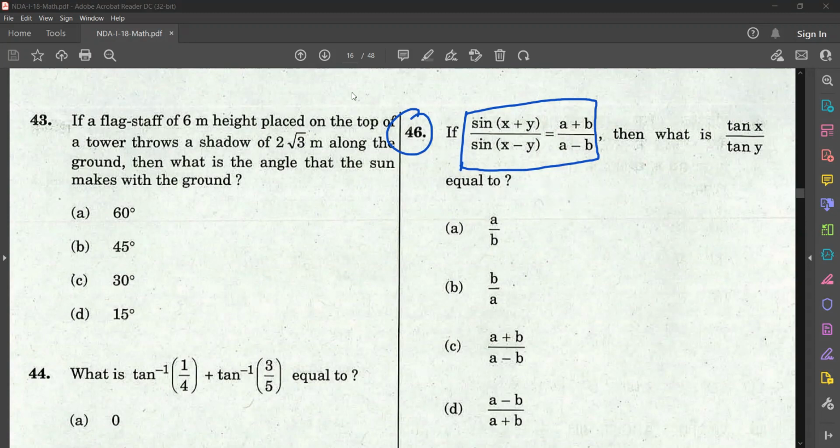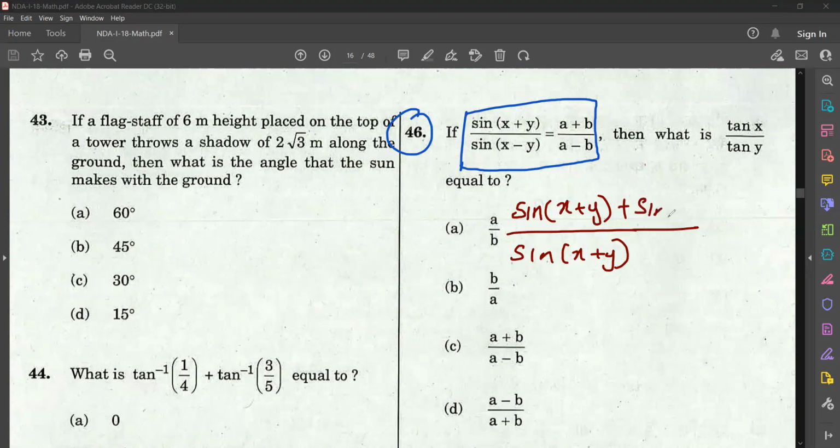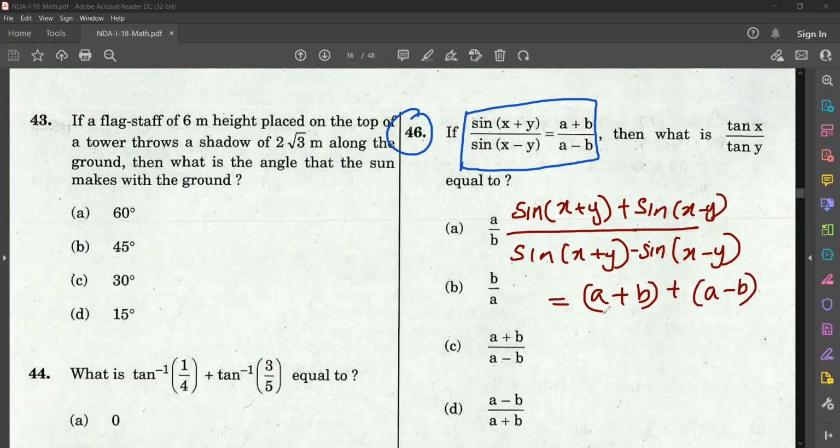On applying componendo dividendo, we can rewrite this as sine (x plus y) plus sine (x minus y) divided by sine (x plus y) minus sine (x minus y), which is equal to (a plus b) plus (a minus b) divided by (a plus b) minus (a minus b).